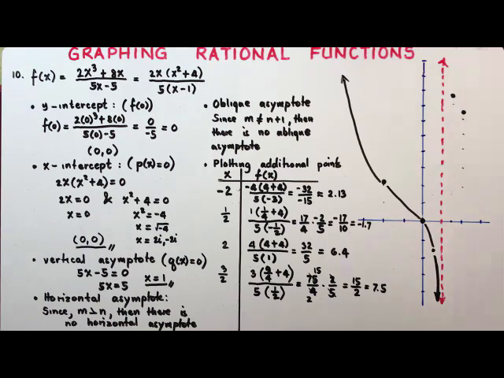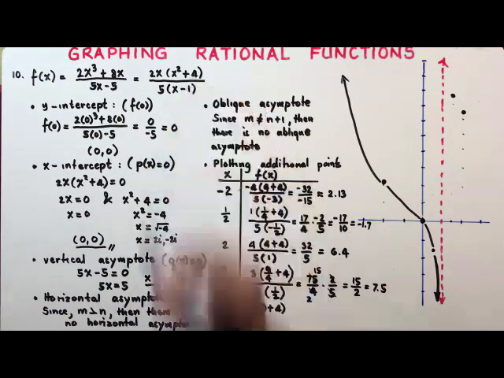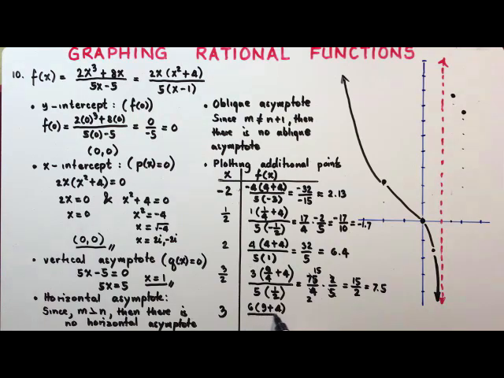It's here. So let's try one more value of x, which is 3. So 2 times 3 is 6. And then 3 squared is 9 plus here the 4. And divided by 5 times 3 minus 1, which is 2. So using simple arithmetic, 9 plus 4 is 13.